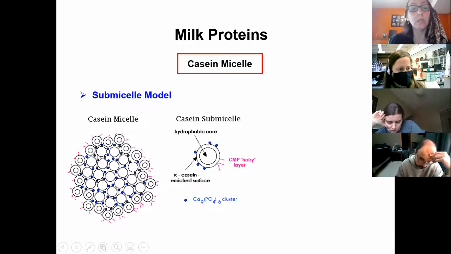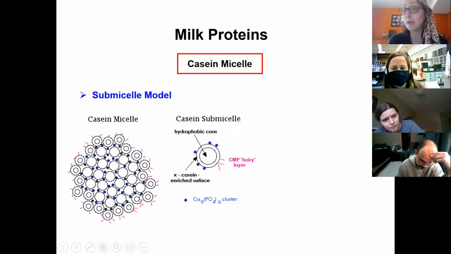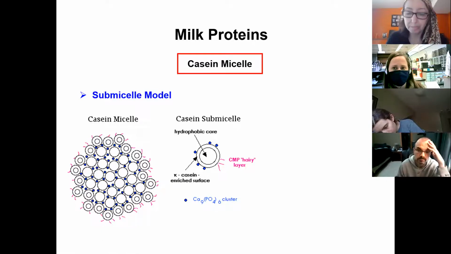And in the inside, you have the calcium phosphate clusters that link those submicelles together. So on the surface of the submicelles, you have those phosphorylated groups with the phosphate group that would link with other submicelles by calcium phosphate cluster formation.